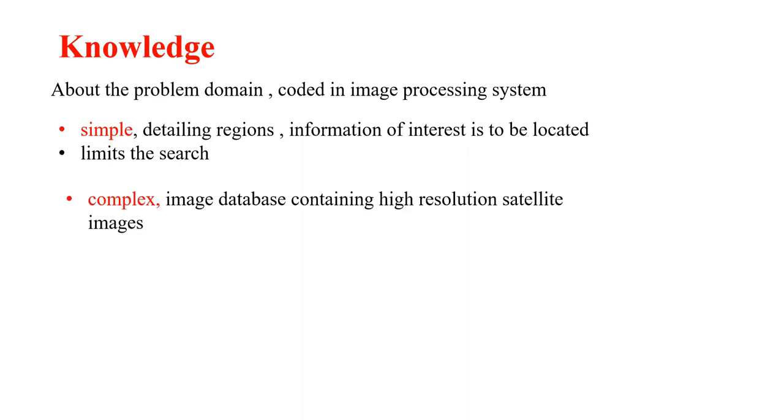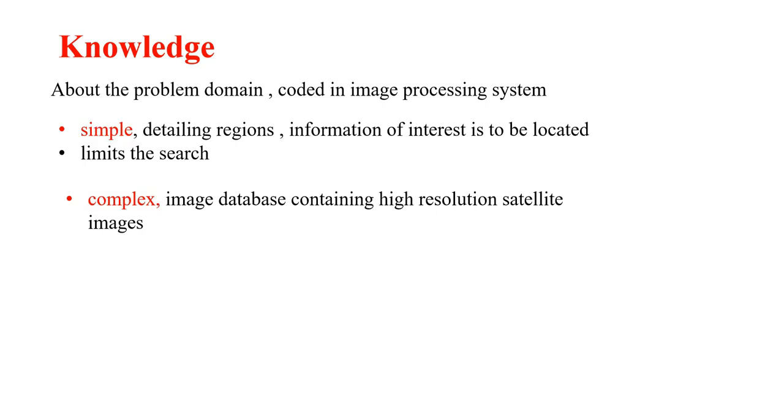Whereas complex knowledge involves detailed, often domain specific information, and often it is stored in a database. For example, you will have a satellite image database containing high resolution maps which can be used for land use classification, crop or forest monitoring and so on.